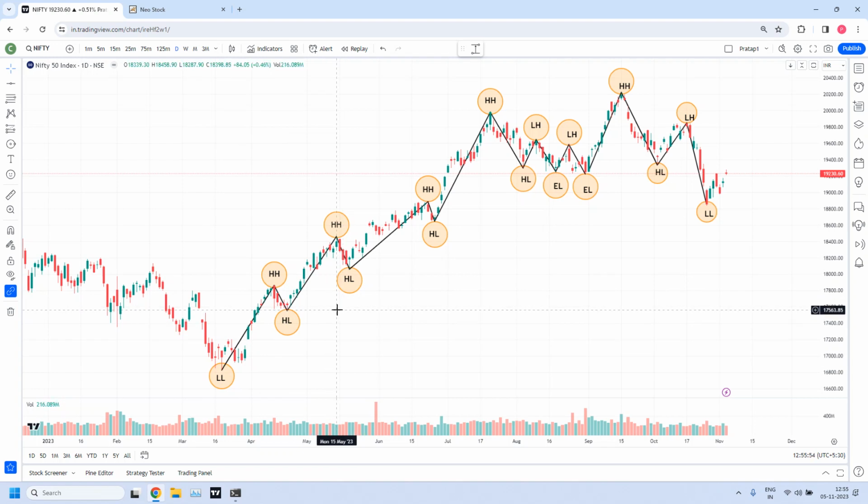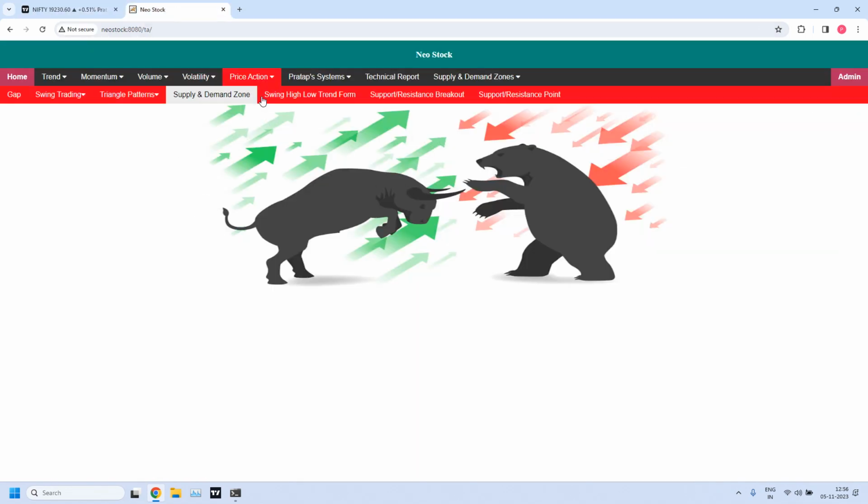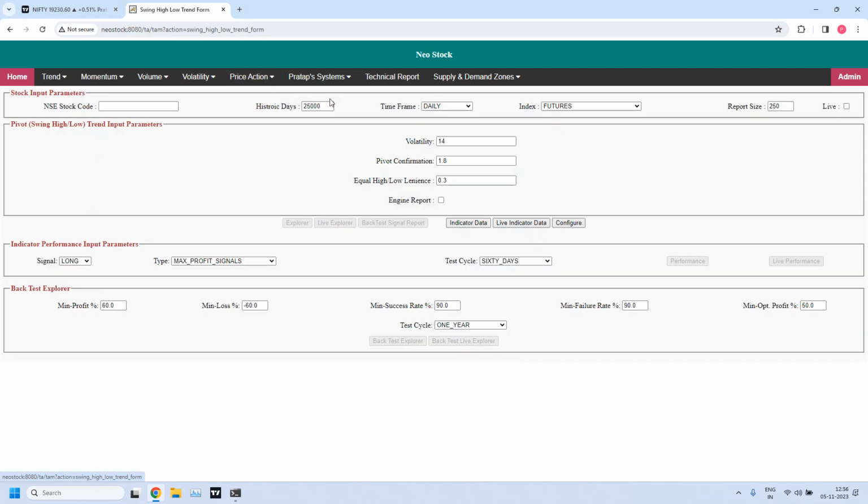I have already developed one software. Actually, I developed software the way I am thinking, exactly the same way I developed the algorithms. So for this swing calculation, I have already developed one algorithm. In the price action, you have seen swing high, low, trend.